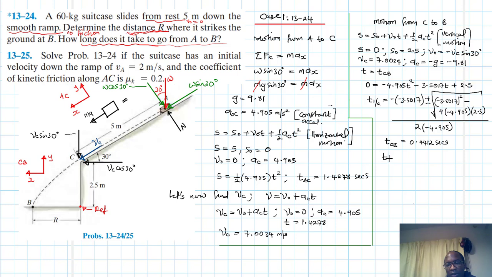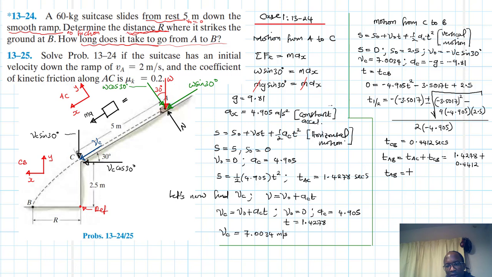Therefore time AB is just going to be equal to time AC plus time CB, which is 1.4278 plus 0.4412.